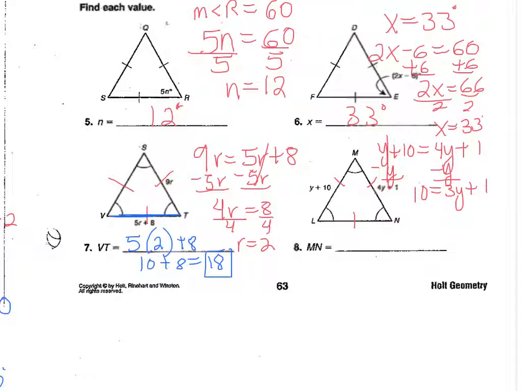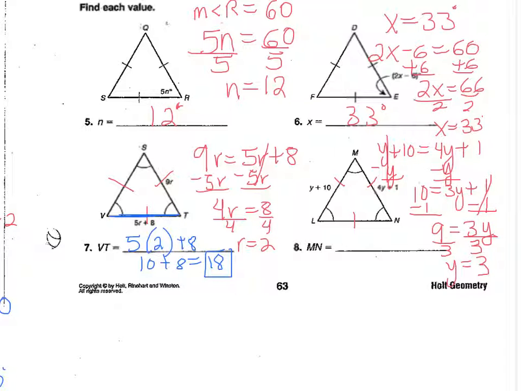And what's the next step? Subtract 1. And 10 minus 1 is? And last step? Divide by 3. And 9 divided by 3 is?